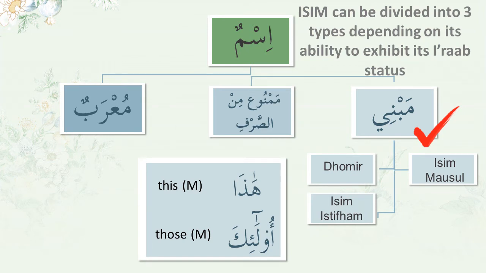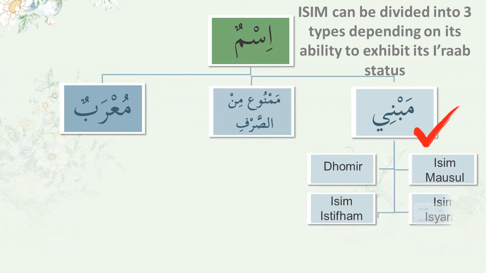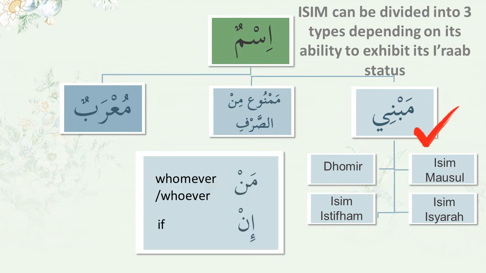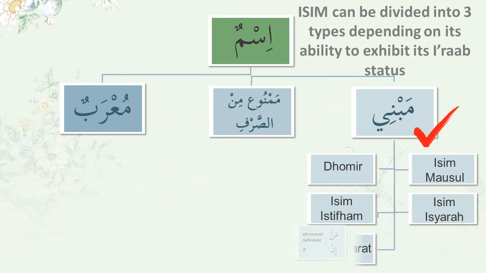Demonstrative pronouns like hadha, this, and ulaika, those. Such words are called isim ishara. Conditional words such as man, meaning whoever or whomever, and in, meaning if. These words are called isim shart. And a few other groups of isim mabni.